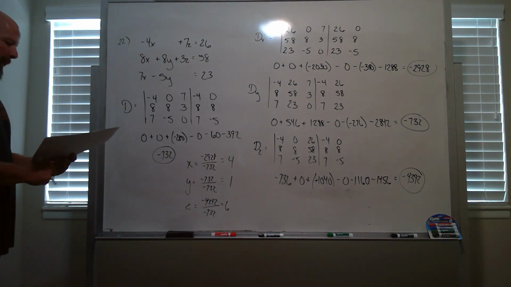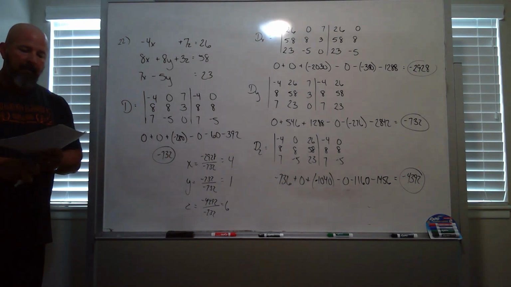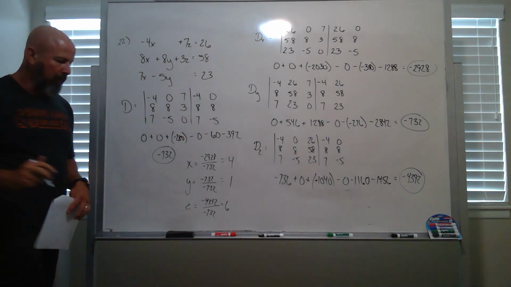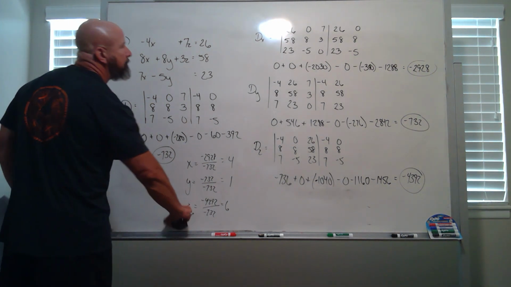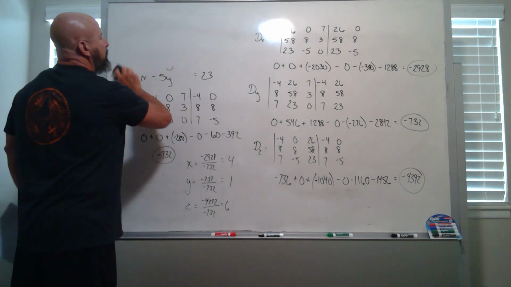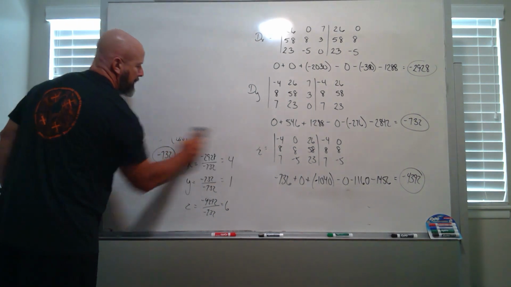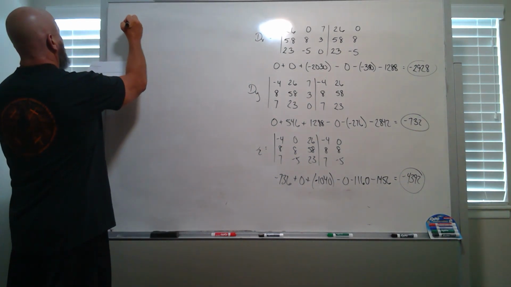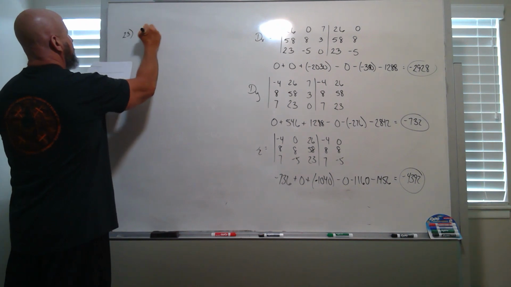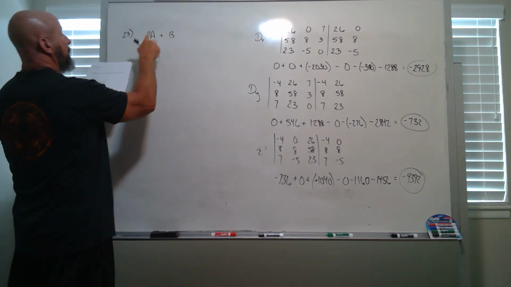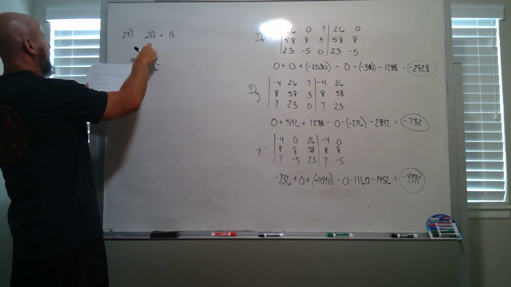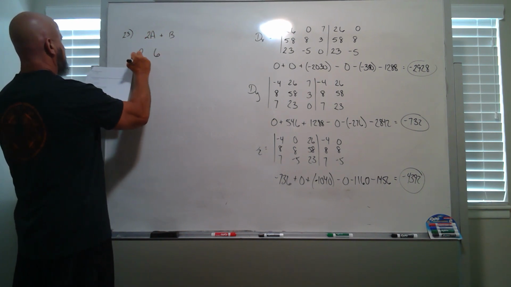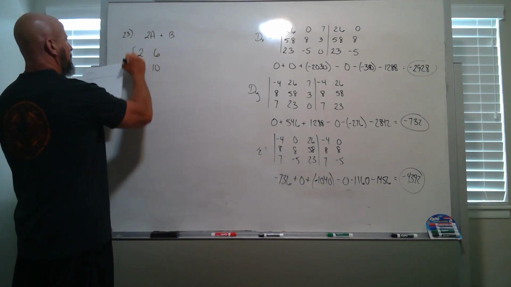All right. 23, 24, 25 are some addition, subtraction with some scalar multiples. So on 23, it's asking me for 2a plus b. So the first thing I want to do is figure out what 2a is. So 2 times the a matrix would be 2, 6, 4, 10.